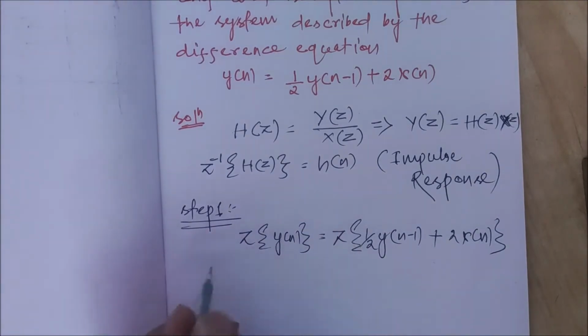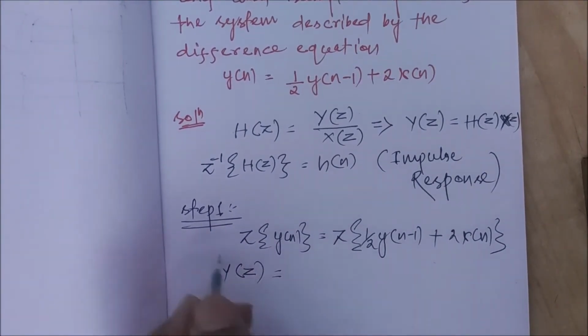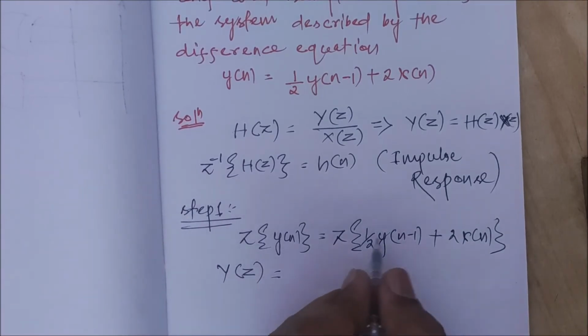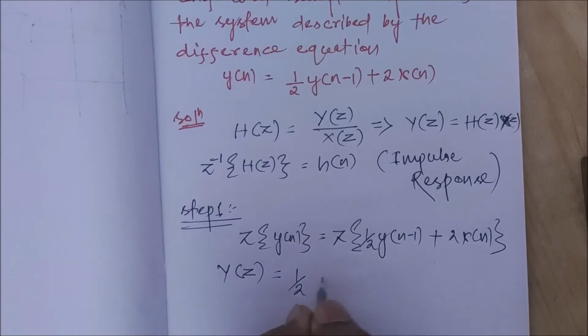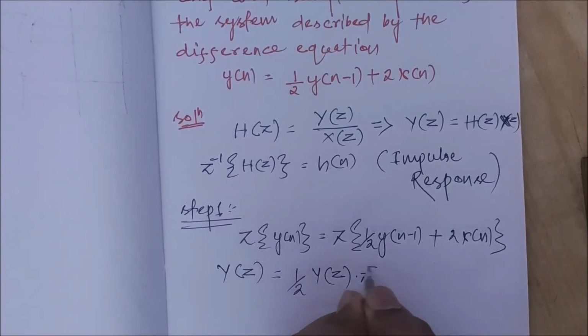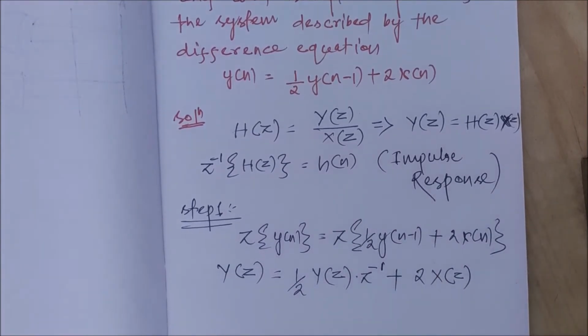So the z transform of y of n will be capital Y of z, which is equal to z transform of 1 by 2 y of n minus 1, which will be 1 by 2 Y of z into z to the power minus 1 according to the shifting property, plus z transform of 2 times x of n, which is 2 times X of z.